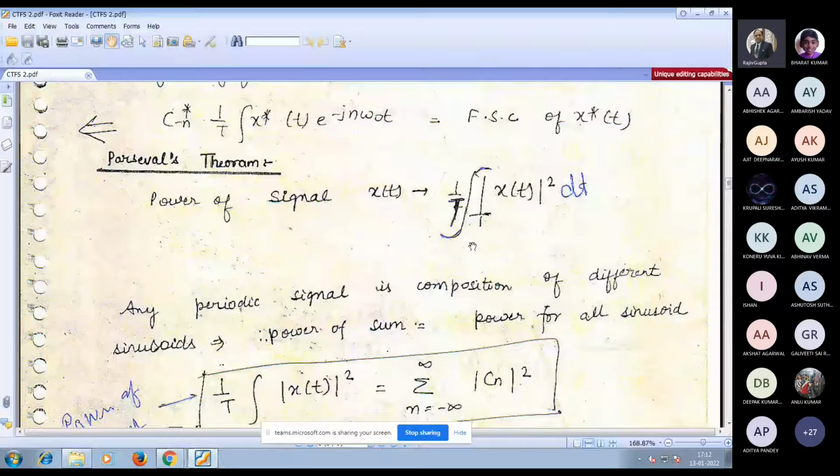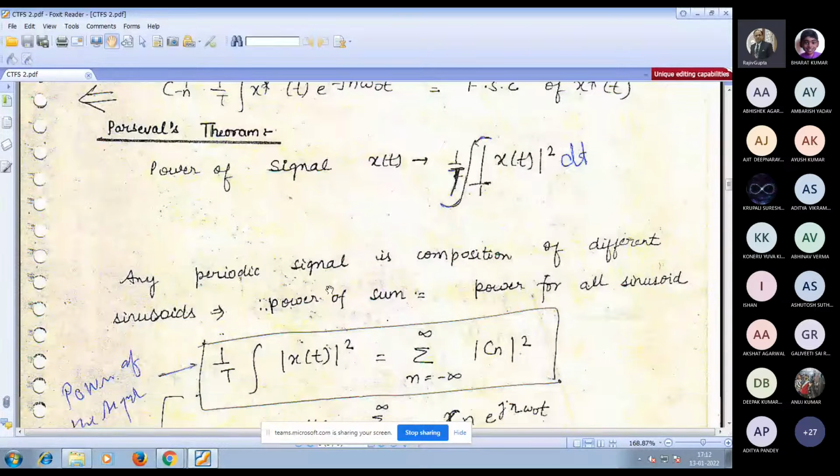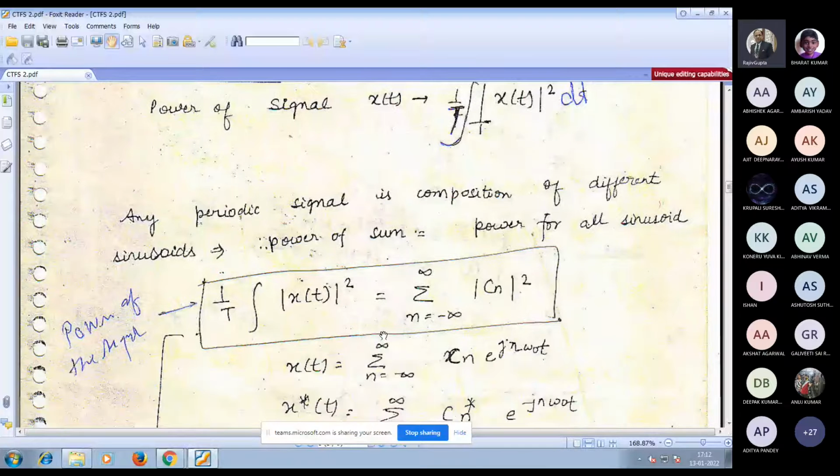But now if you have the Fourier series coefficients of a periodic signal, you can know the overall power of the signal by using this expression. The power of a signal, 1 by T integration of mod of xt square, is equal to the summation of n equals minus infinity to infinity of mod of Cn square, where Cn is the Fourier series coefficient of that particular signal x of t.